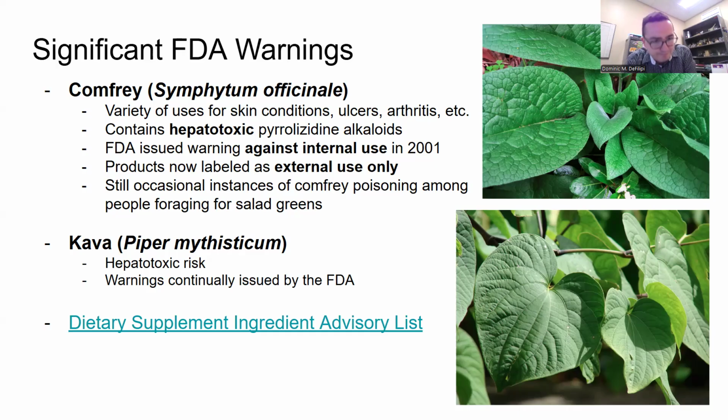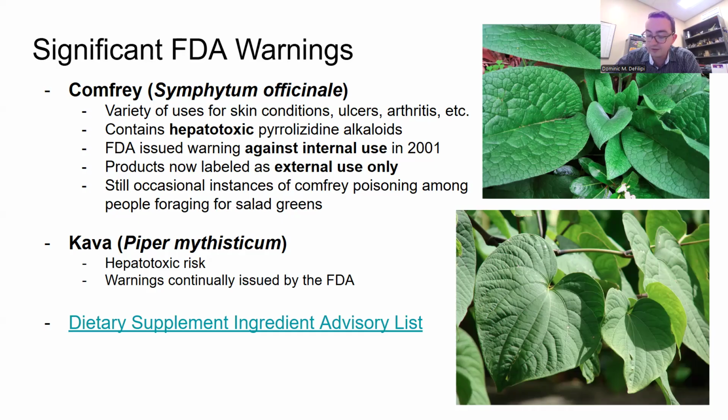usually in detox supplements. Kava, or Piper methysticum, is also widely known and widely condemned by the FDA for its hepatotoxic risk. However, it is a cultural juggernaut within Pacific Island and Polynesian culture. If you ever go to Hawaii, I highly recommend going to a kava ceremony.